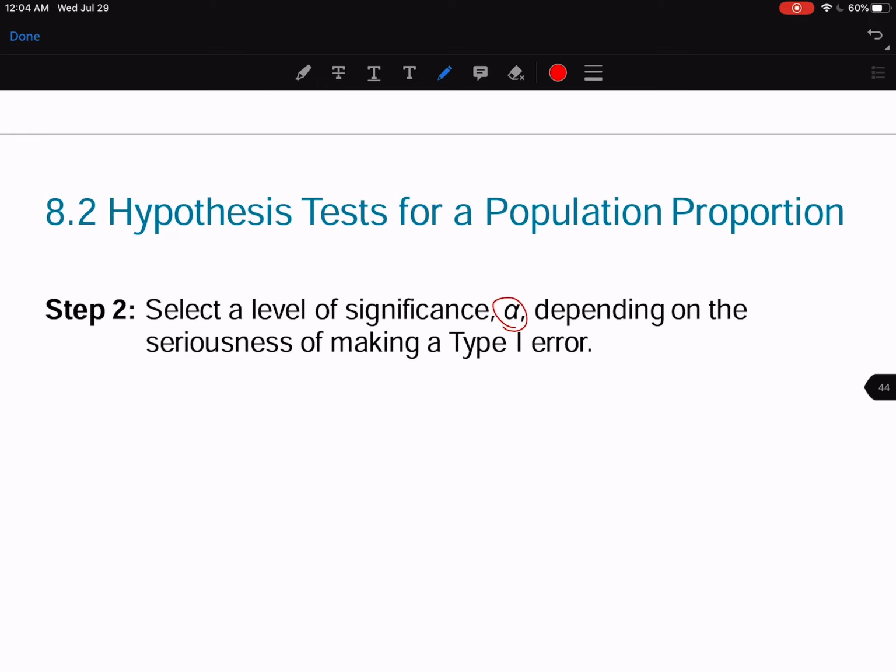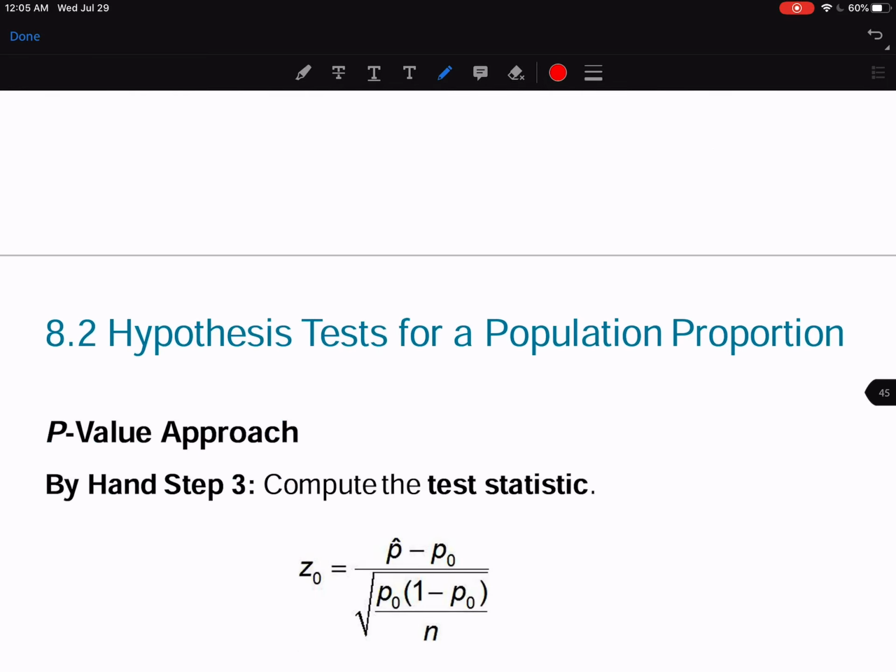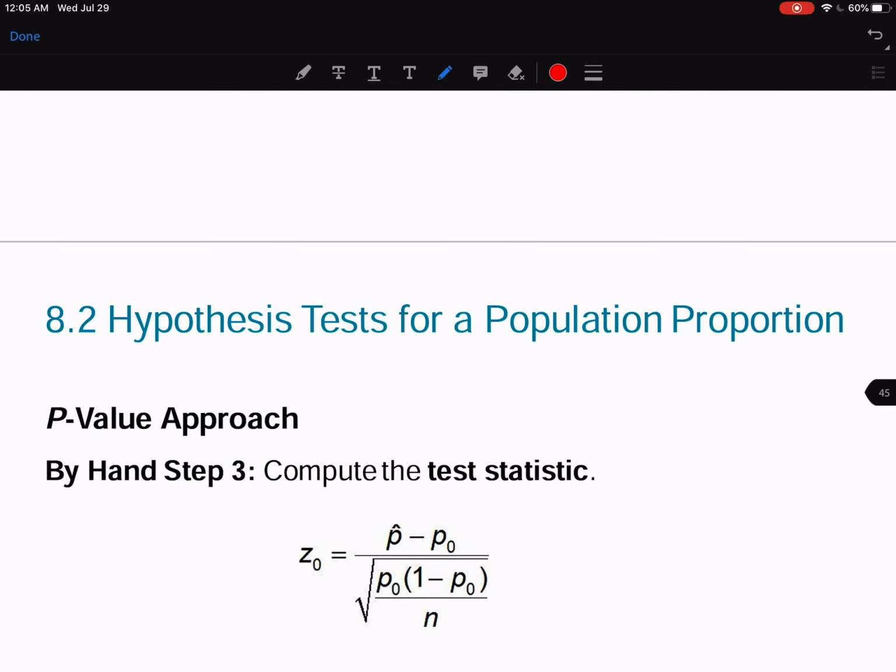Indirectly means sometimes the problems give you the level of confidence, and we know alpha is equal to 1 minus the level of confidence, and that's how we find the value of alpha. It's very important because we're going to compare the p-value with alpha. If the p-value is less than alpha, we're going to reject the null hypothesis. So it's very important to find the value of alpha first. Once we find the value of alpha, we just need to go ahead and calculate the p-value.